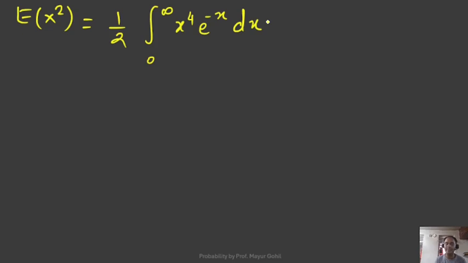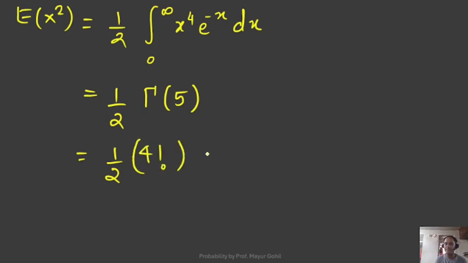So half times, when you compare it with the integration that we just wrote, it's gamma 5. Half times gamma 5 is 4 factorial, which is 24, divided by 2, and that's going to be 12. See, a very simple way of solving the whole process.